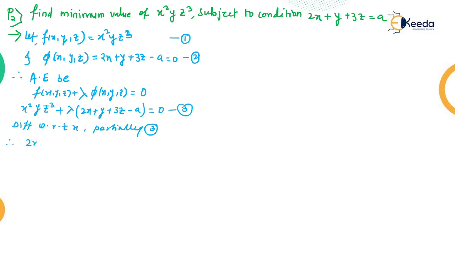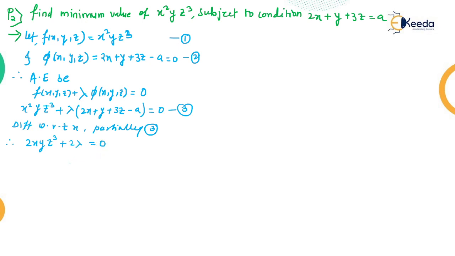It becomes 2xyz³ plus, because λ is a constant, the derivative of 2x is only 2, and y, z and a give 0, so we get 2λ, equal to 0.